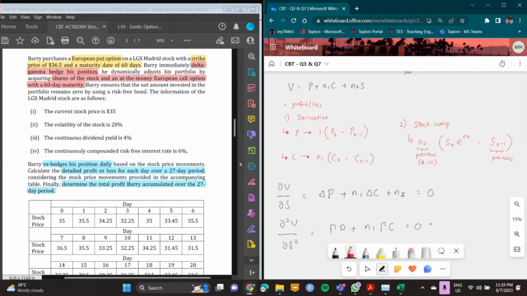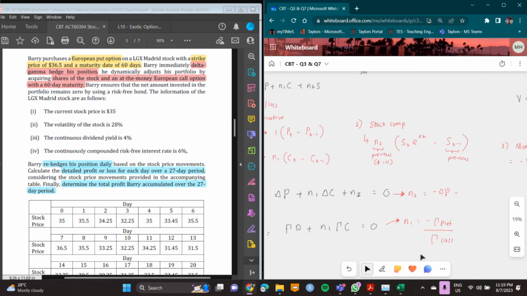From this, we can eventually write our N1 equals negative gamma put over gamma call, and our N2 equals negative delta P minus N1 delta call.